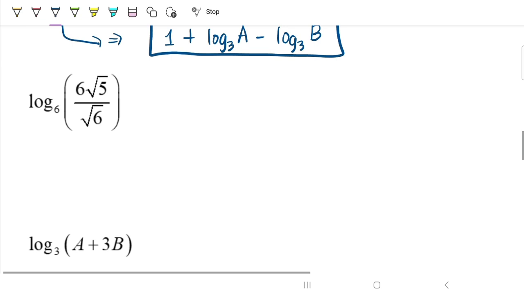Okay, so let's do that also to the second item, which is log base 6 of 6 square root of 5 divided by the square root of 6. So, ano kayong pwede nating gawin dito? So, as we have noticed, yung argument natin ay ito.